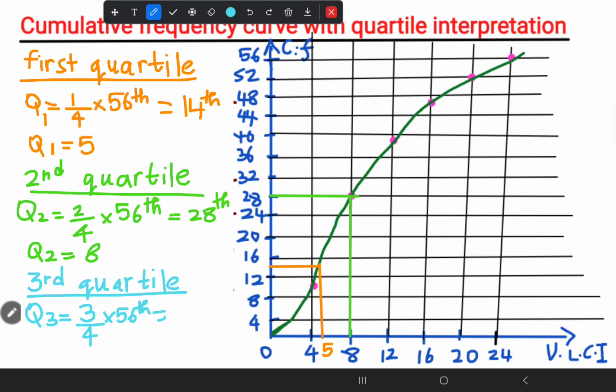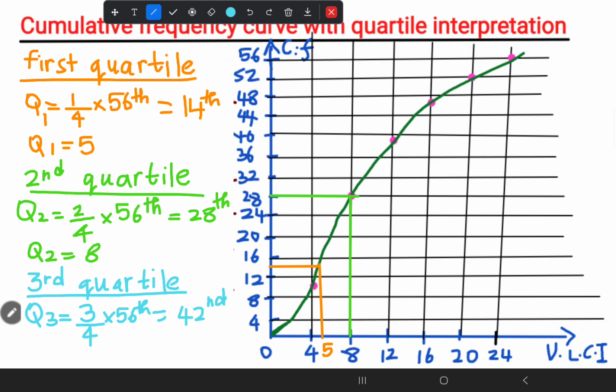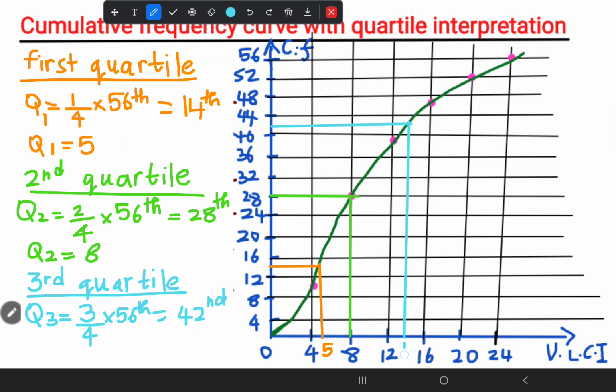So it will give you 42, the 42nd place. Through 42, just produce a straight line. That lies in between 40 to 44. Then connect that here as well. So that is exactly going through the midpoint between 12 and 16.